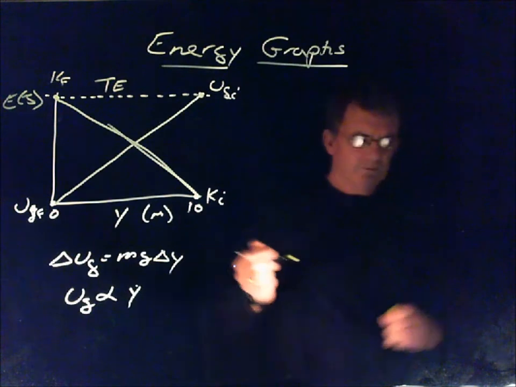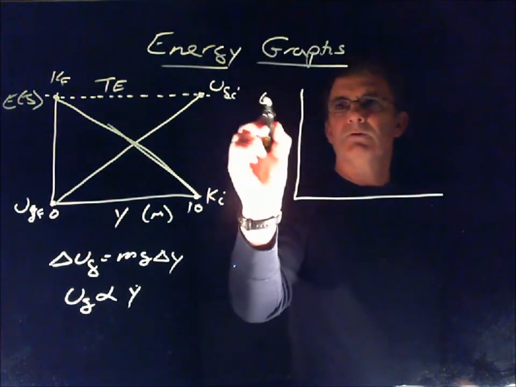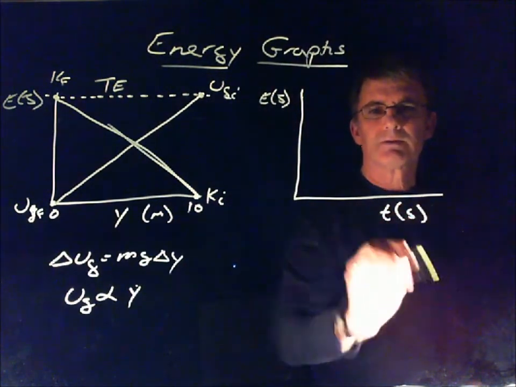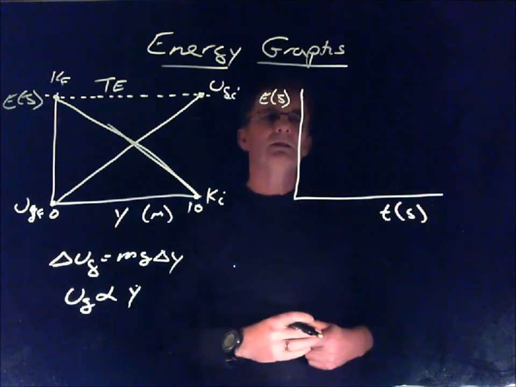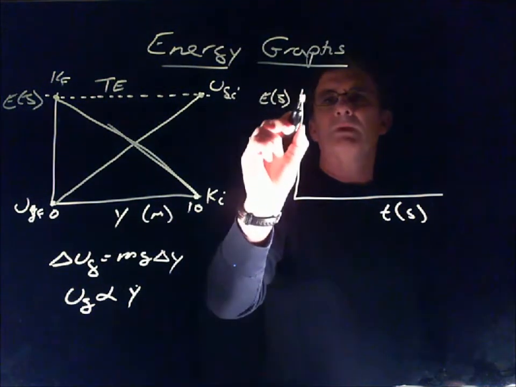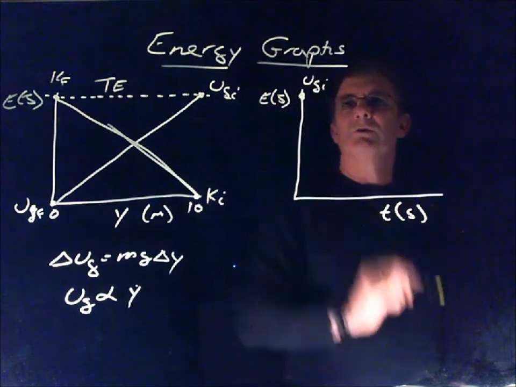Now, the other type of graph that we might run into is an energy versus time graph. And so, again, we might be holding something up in the air. We have a lot of gravitational potential energy.